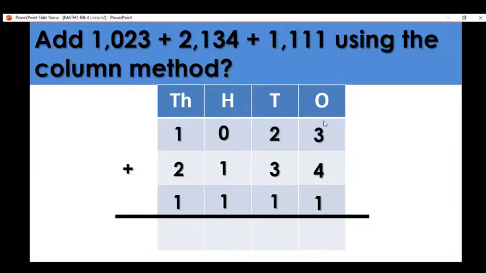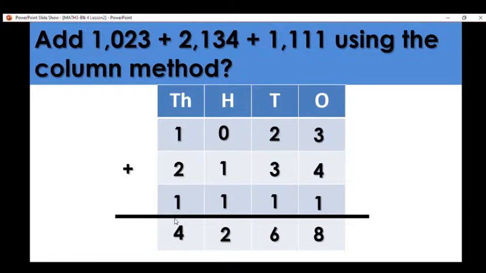So we need to add them to find out what would be the answer. We'll start with our ones. 3 plus 4, that is 7, plus 1, it's 8. 2 plus 3, that is 5, plus 1, it's 6. 0 plus 1, plus 1, it's 2. 1 plus 2, it's 3, plus 1, it's 4.